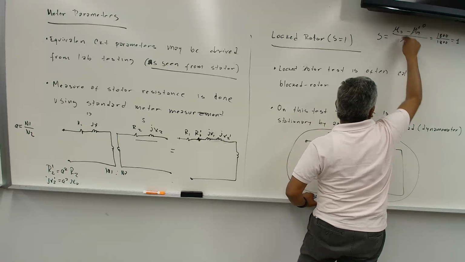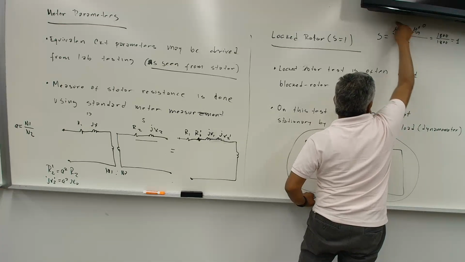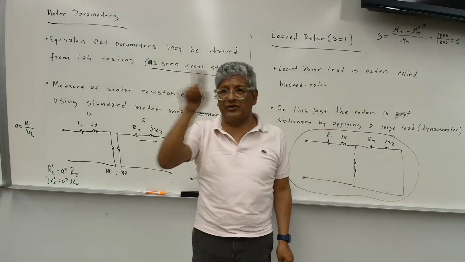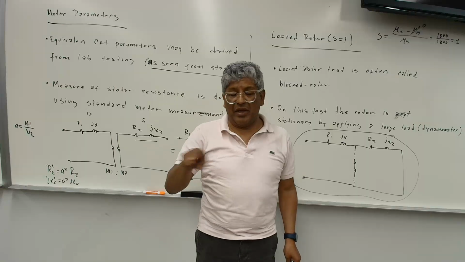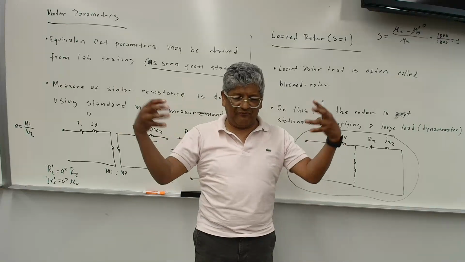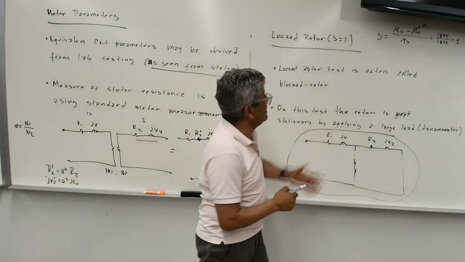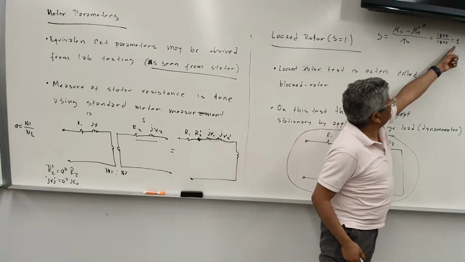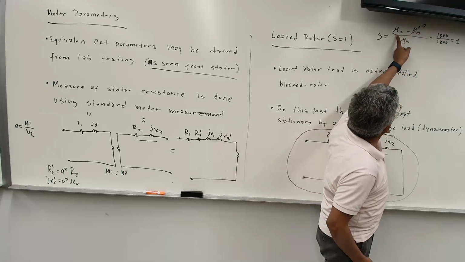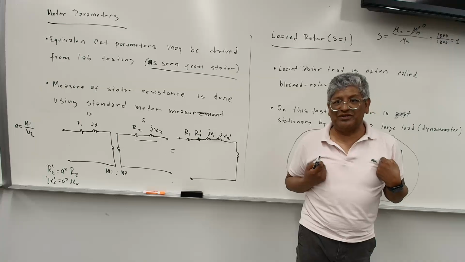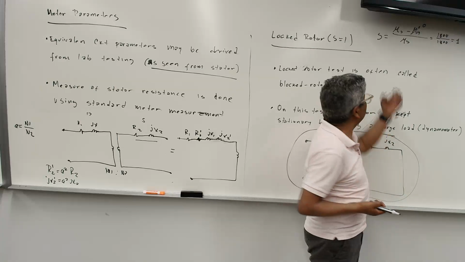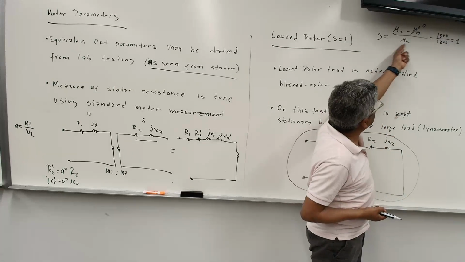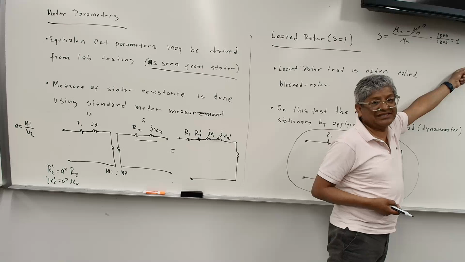That speed is the speed of the magnetic field that you generate inside from the three phases. When the motor is not running, the actual speed is zero, so 1800 over 1800 is equal to 1. So the slip's equal to 1.